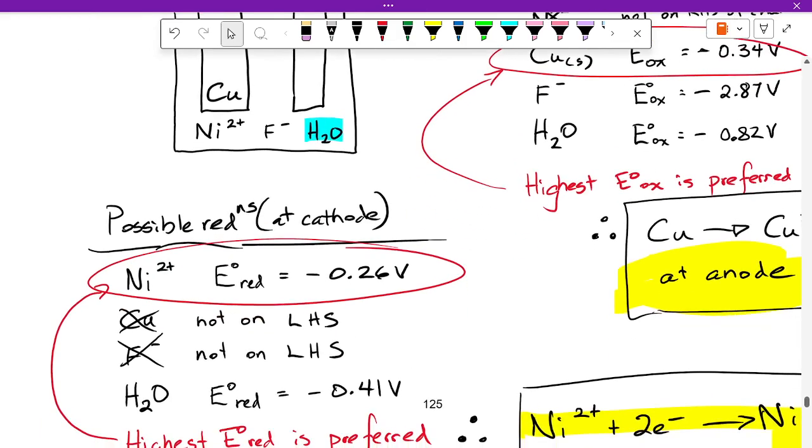And fluoride doesn't go towards the cathode. You can eliminate them for that reason alone, right? Or you can eliminate them because they're not on the left-hand side. There's a lot of reasons you can eliminate things. Just because sometimes it's easier just to list them, but you don't have to. Okay?